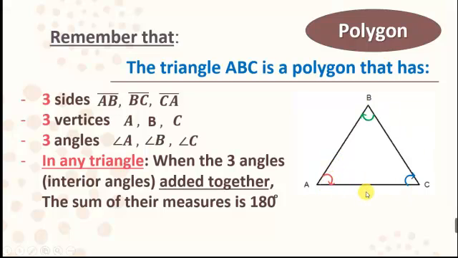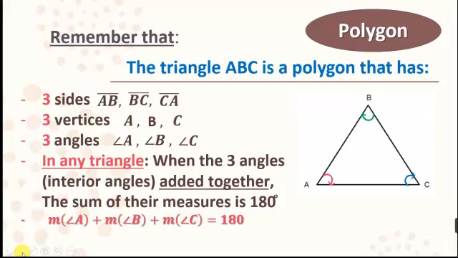So I call them interior angles. The sum of the measures of the interior angles equals 180 degrees. So measure of angle A plus measure of angle B plus measure of angle C equals 180 degrees.